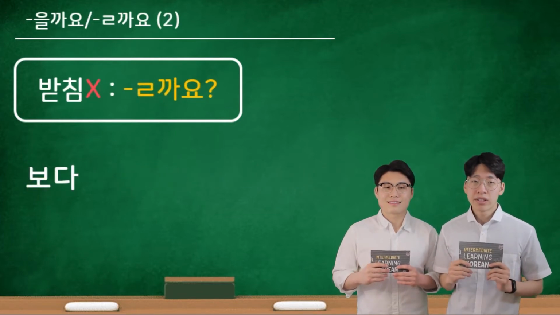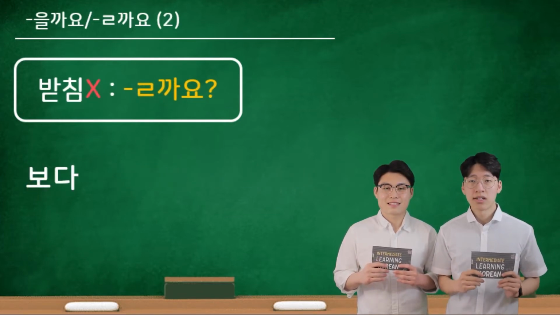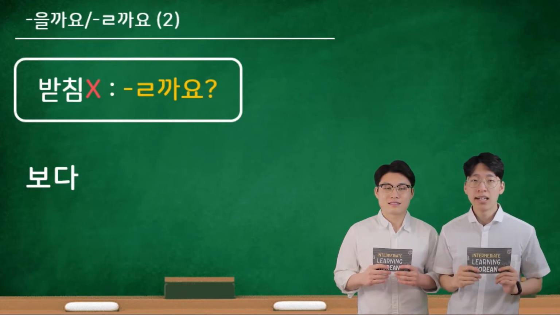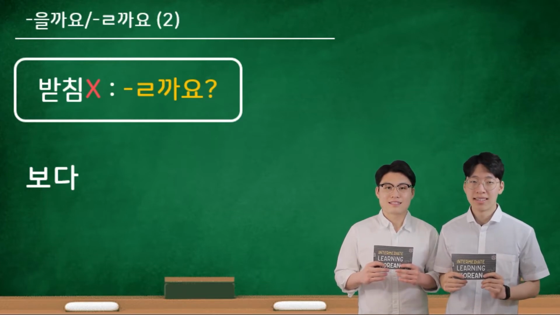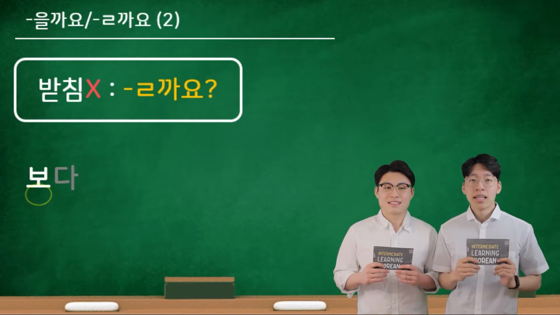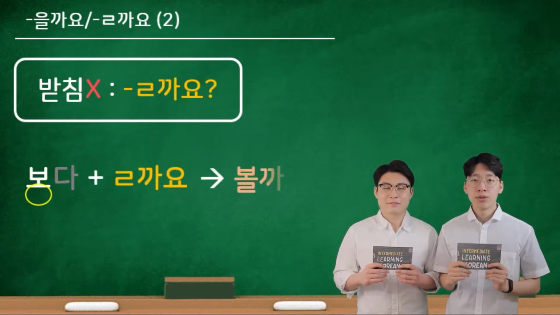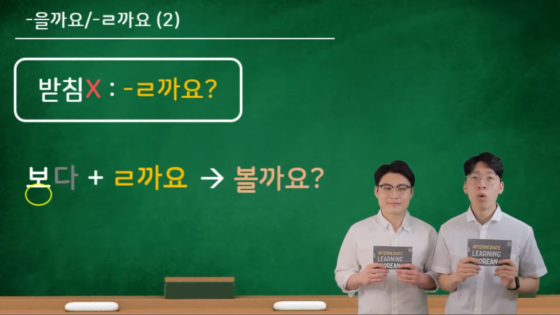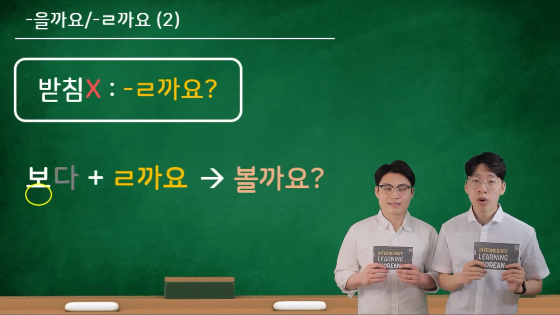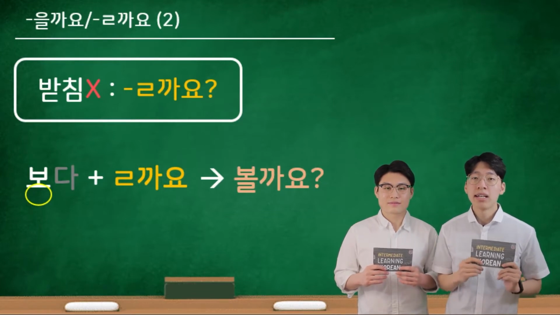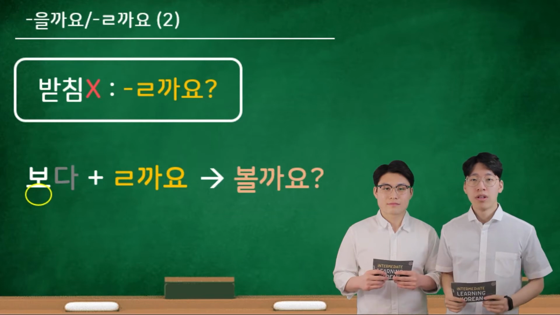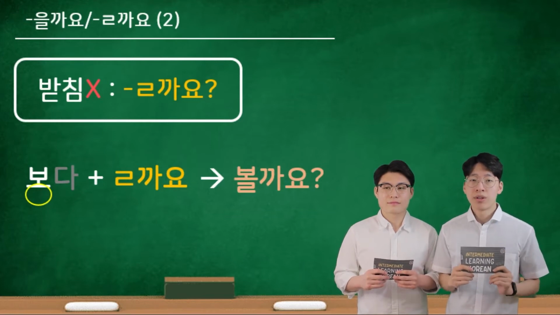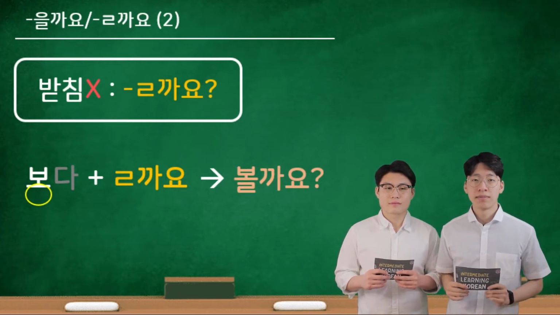Conversely, if there is no final consonant in the stem of a verb, 리을까요 is used. For example, if 다 is removed from the verb 보다, it is 볼까요 by adding 리을까요 to the stem because there is no final consonant.